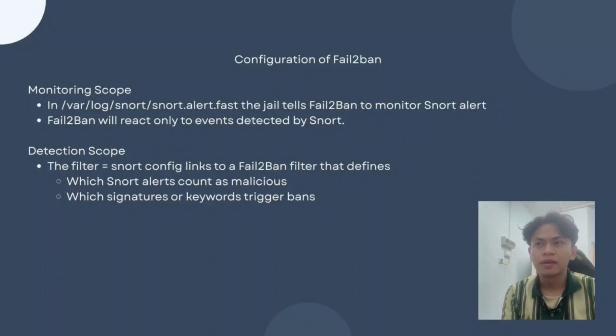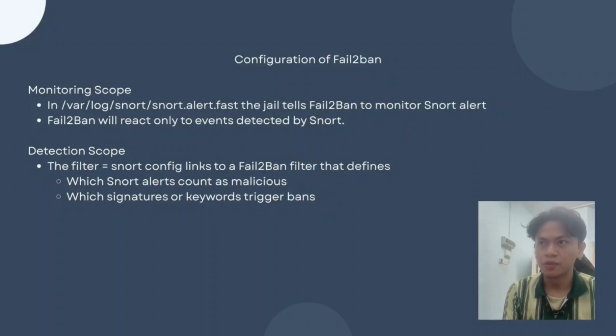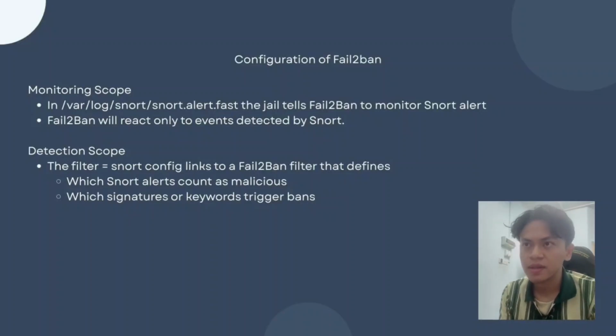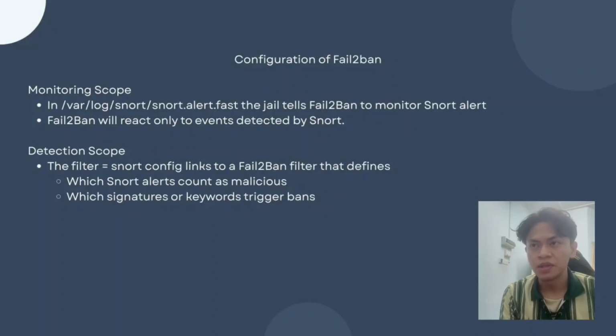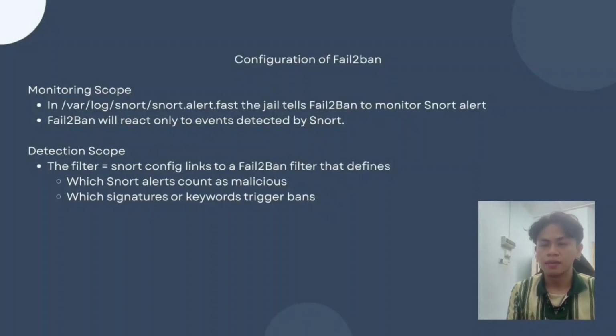Fail2ban will react only to events detected by Snort. And the second configuration is the detection scope, where the filter setting links to a Fail2ban filter that defines which Snort alerts count as malicious and which signatures or keywords trigger bans.